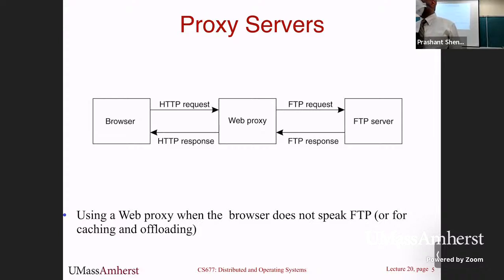number of things. Okay. In this case, in this example, it's showing what is called protocol translation. Okay. The proxy is exposing an HTTP interface, but then it's converting the HTTP request to the FTP request that the server supports. Okay. So here you're essentially doing language translation. Okay. But proxies can be used for any number of things. Okay.